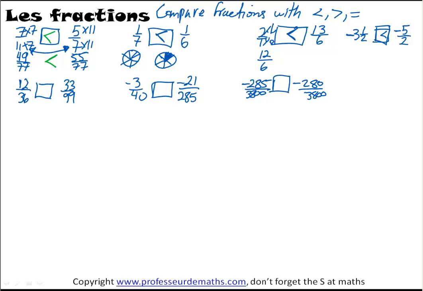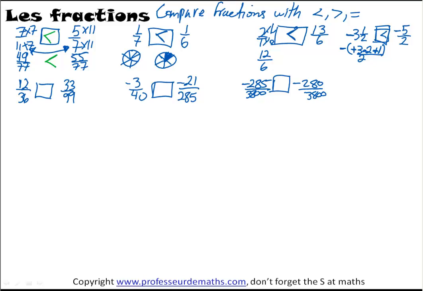For example, if we do this here, minus 3 and 1/2, let's put that into a fraction. We're going to do 3 times 2 plus 1 over 2, and put the minus in front of all this.